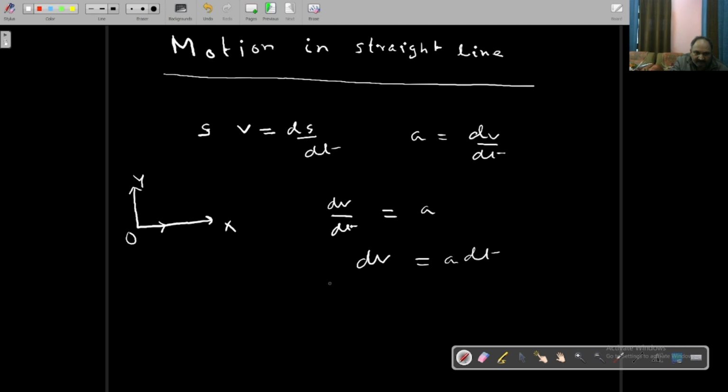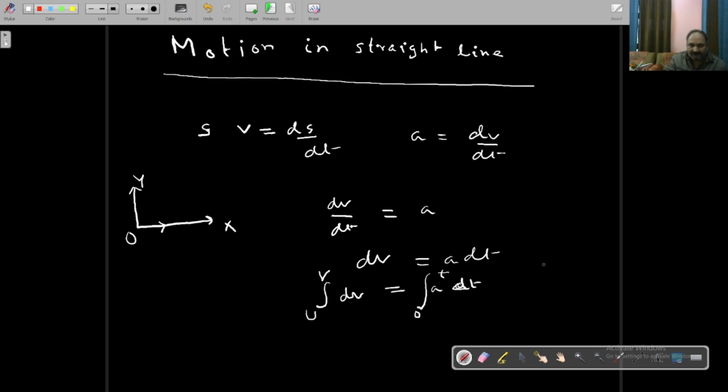Now integrating dv from initial velocity u to final velocity v, and dt where time goes from 0 to t seconds. From 0 to t seconds the velocity changes from initial velocity u to final velocity v.